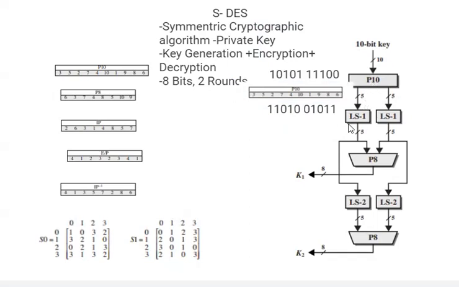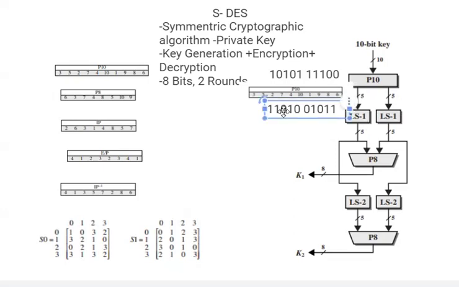Next, looking at the diagram, we divide it into two parts of 5 bits each, the left half and the right half. Then the next operation is left shifting by 1.